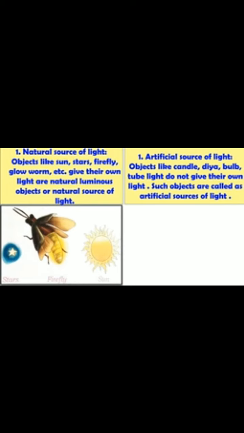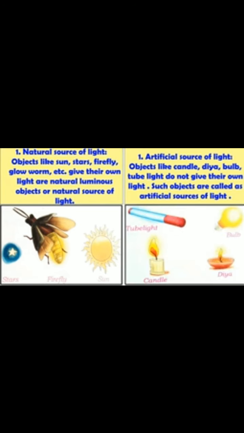They are known as natural luminous objects, or in simple language, natural sources of light. But in the opposite, artificial source of light. What are they? Objects like candle, diya, bulb, tube light do not give their own light. So, such objects are called artificial sources of light, as you can see in the examples.